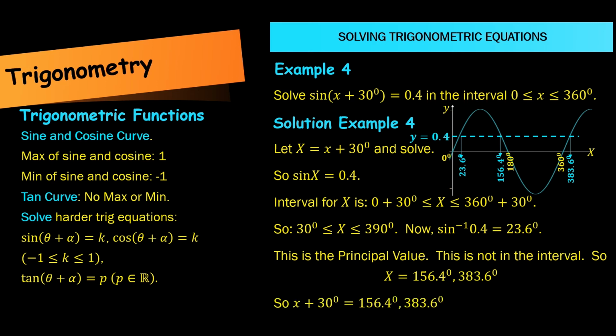So little x plus 30 degrees equals each of these values. And therefore little x is equal to 126.4 degrees or 353.6 degrees.